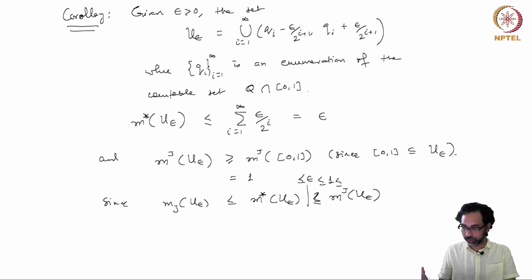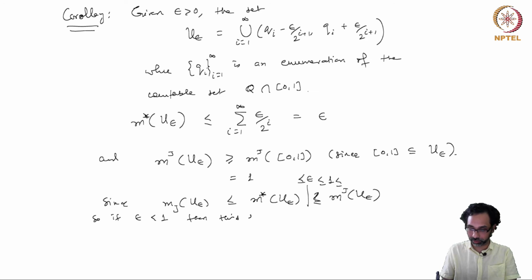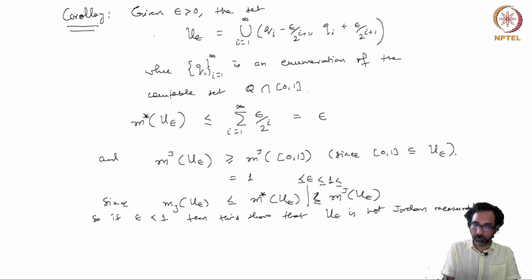So if epsilon is strictly less than 1, then this shows that U epsilon is not Jordan measurable. So this is an example of an open bounded subset of R which is not Jordan measurable.